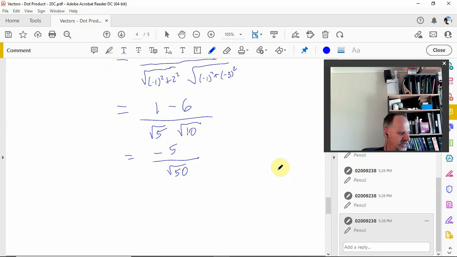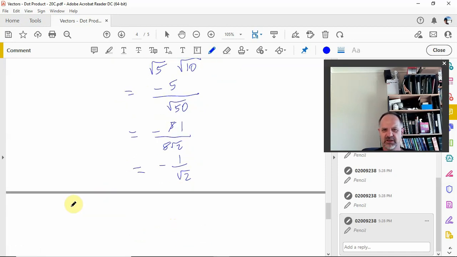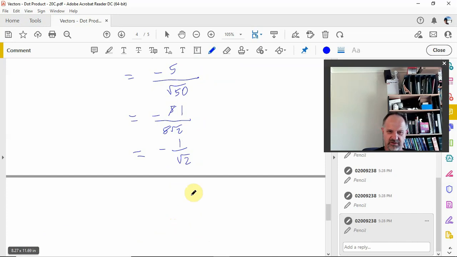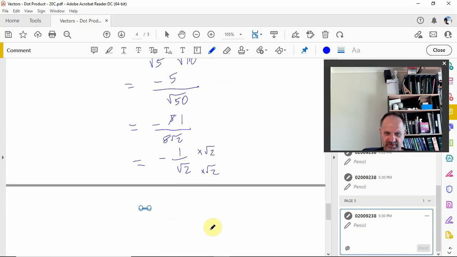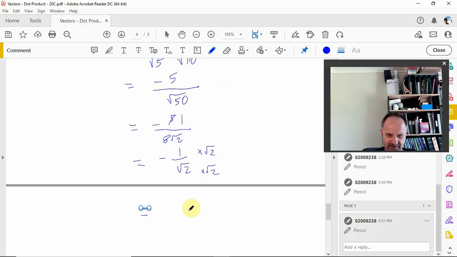Root 50 is root 25 times 2, so 5 root 2. The 5s cancel, giving negative 1 on root 2. When we rationalise the denominator, we get negative root 2 on 2.